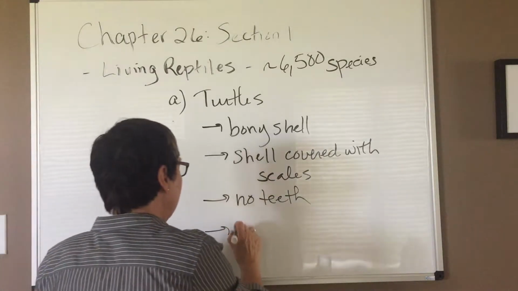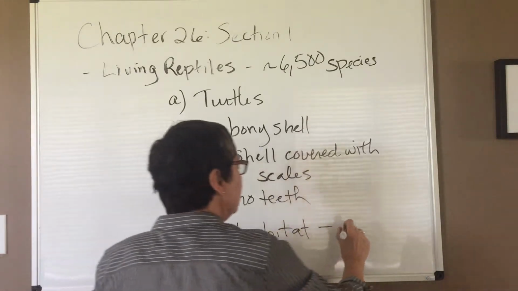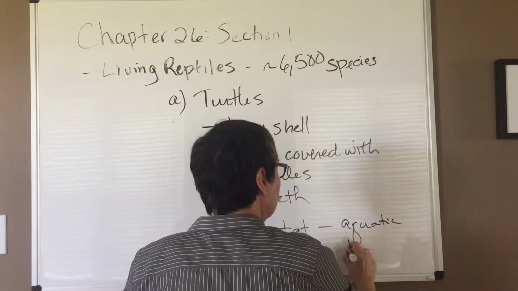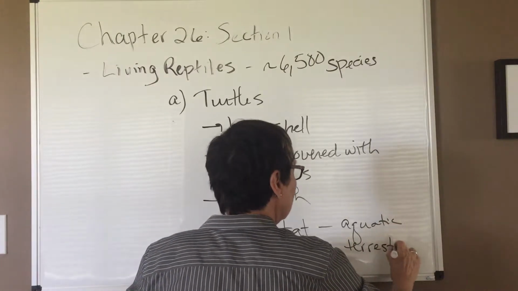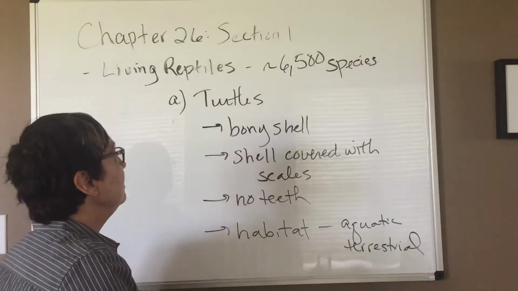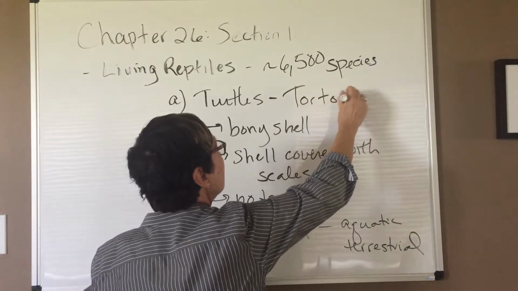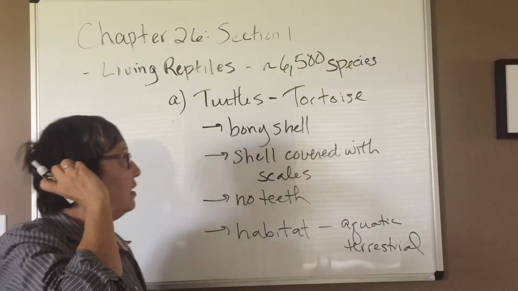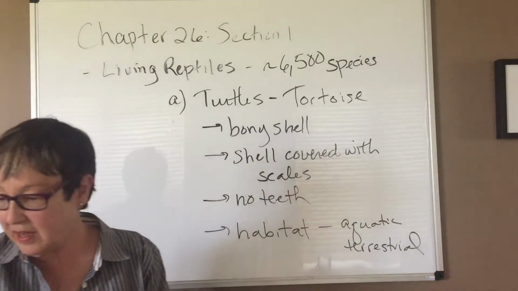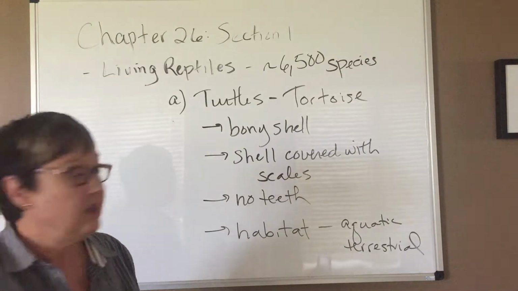As far as habitat, it varies. Some are mostly aquatic, and some are mostly terrestrial. The term tortoise is given to turtles that live a terrestrial existence.